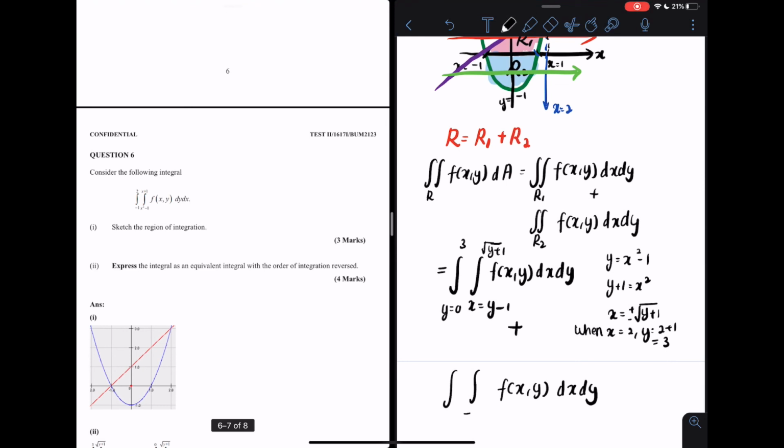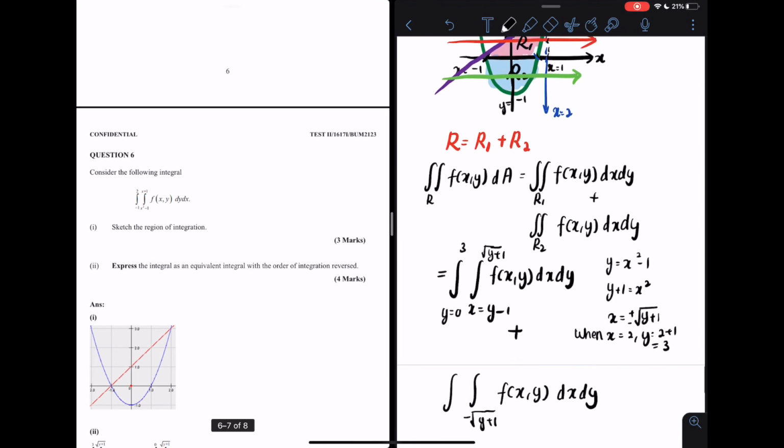Therefore, that will be the lower limit with respect to variable x. And right after that, it will touch the right part of the parabola, which can be represented by positive square root of y plus 1. Right after this, what should I do?